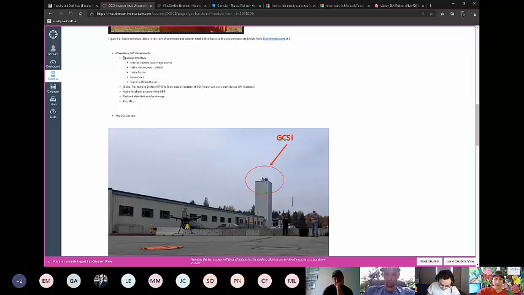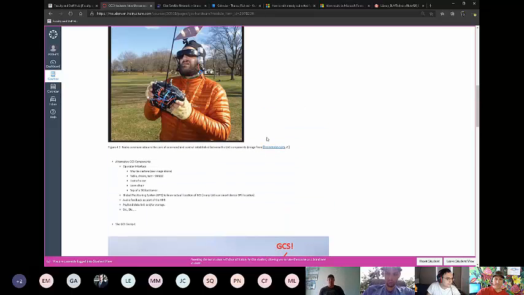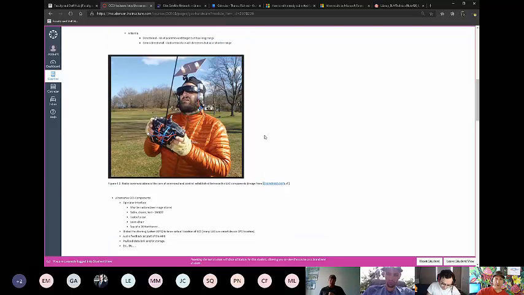So we can have additional components for operator interface. We can have custom components like we're seeing in this image with the quad racer guy here.